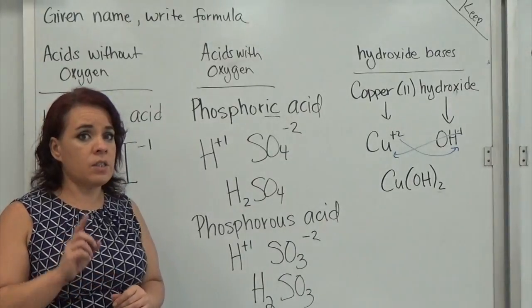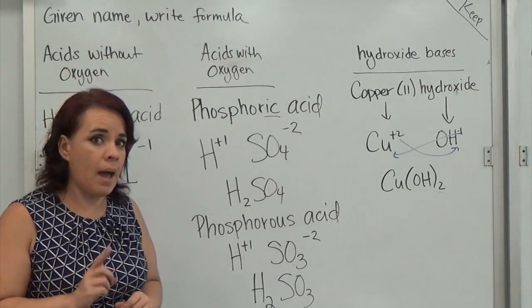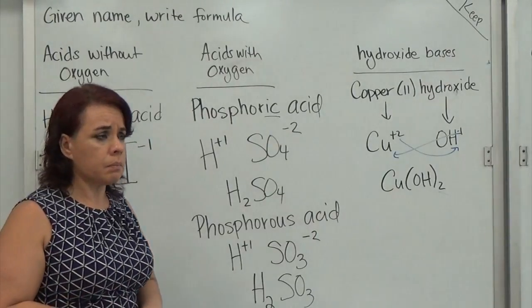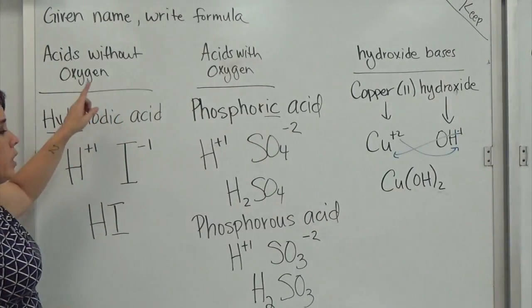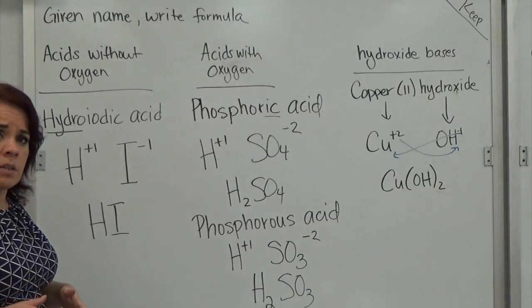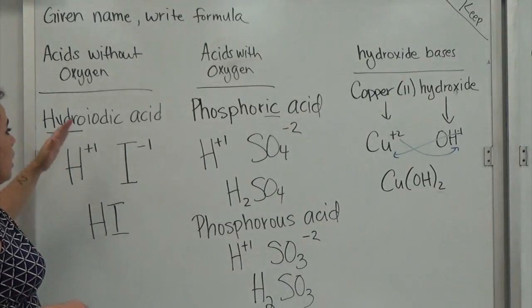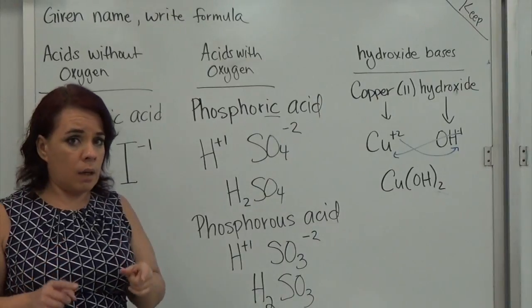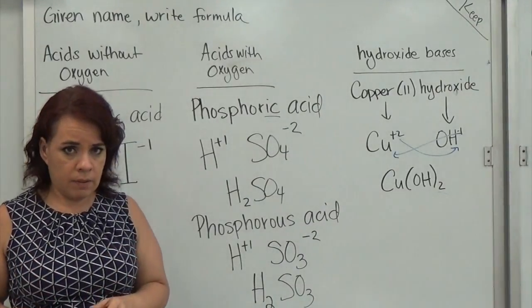Now the other thing is noble gases do not form acids, so you can eliminate all of column 18. Mainly what you will see on the test and in your textbooks is hydrogen combining with members of column 16 and column 17.